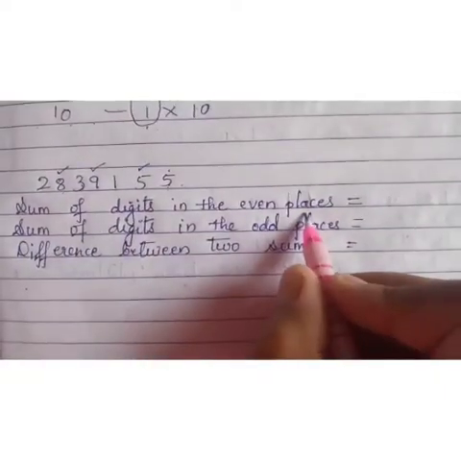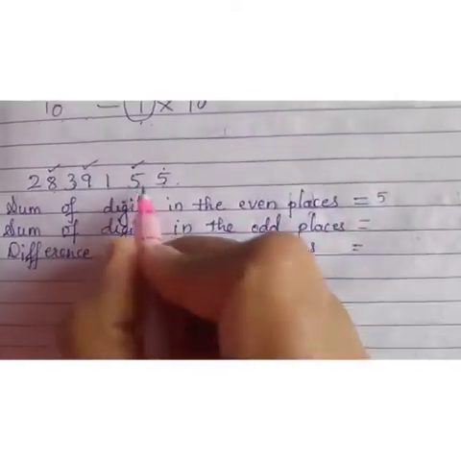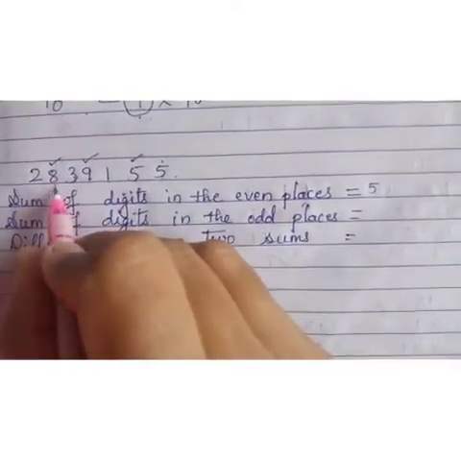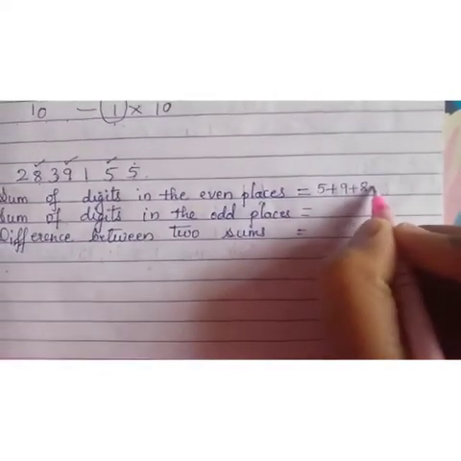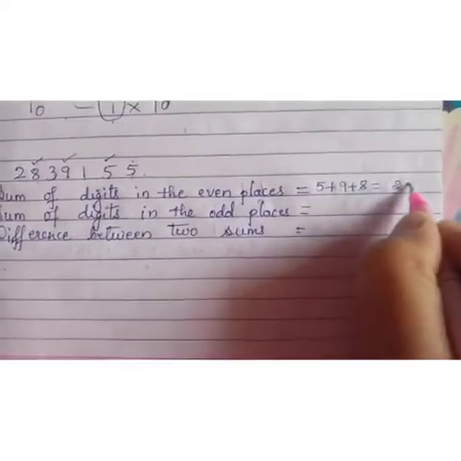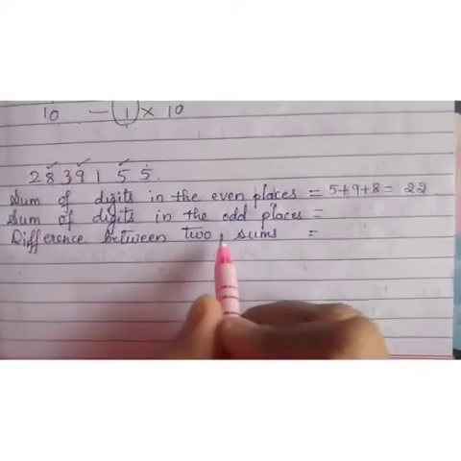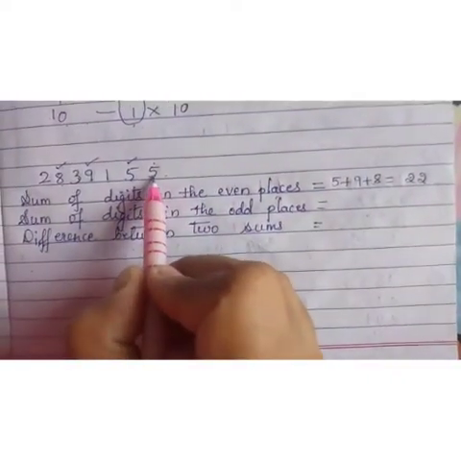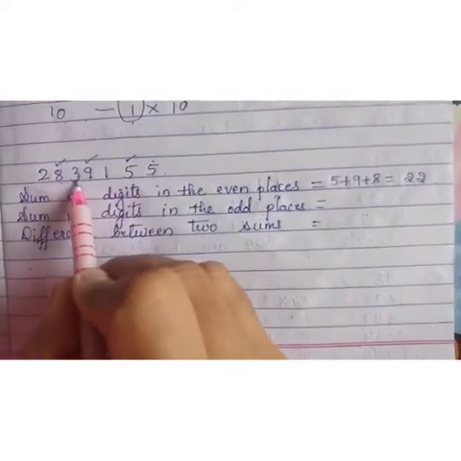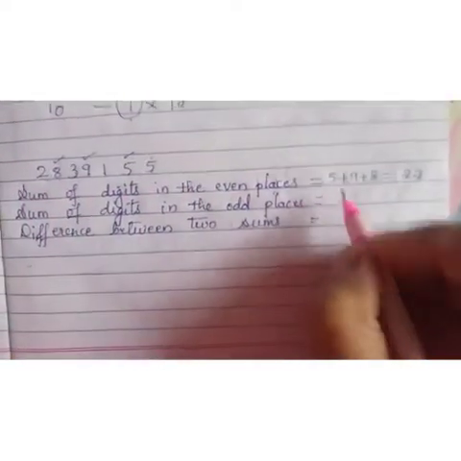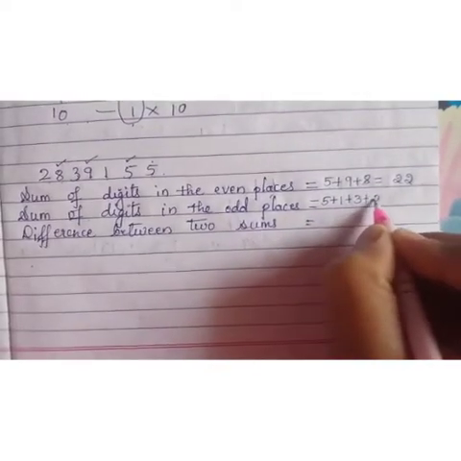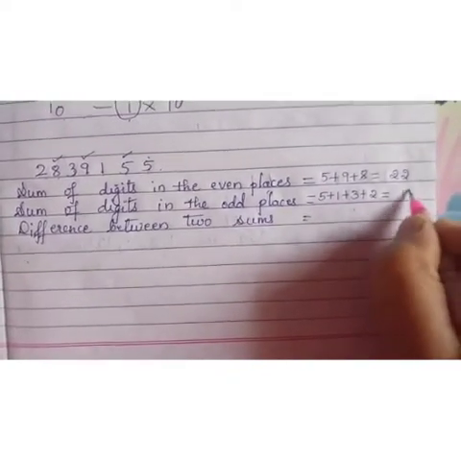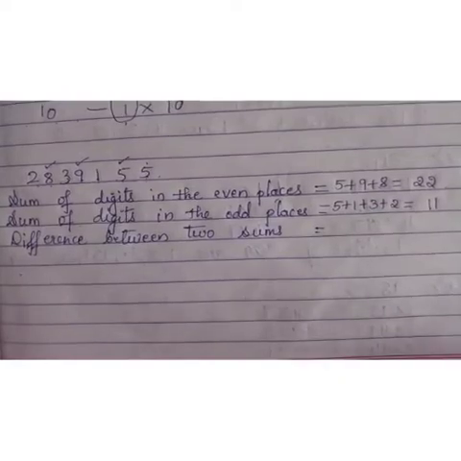So the even places give us 5 plus 9 plus 8. When you add this, you get the answer 22. Now which are in the odd places? 5 plus 1 plus 3 plus 2. When you add, children, you get the answer 11.